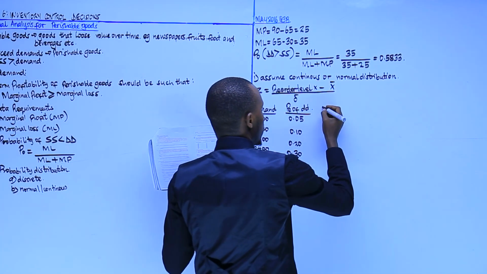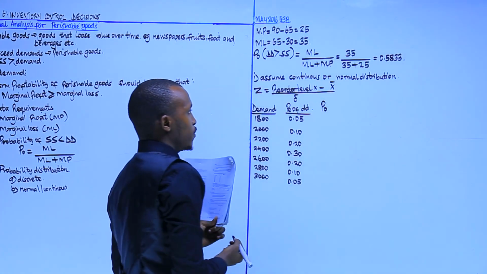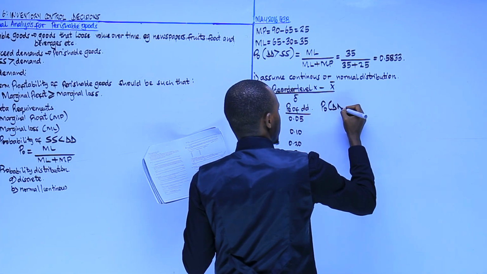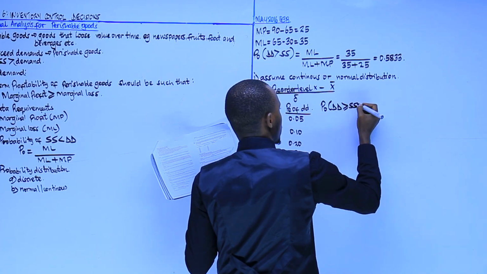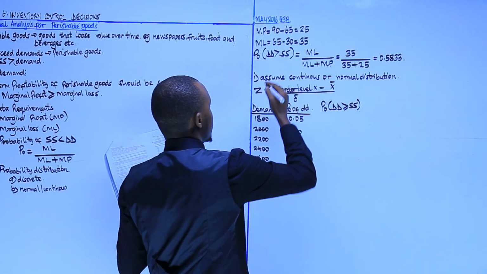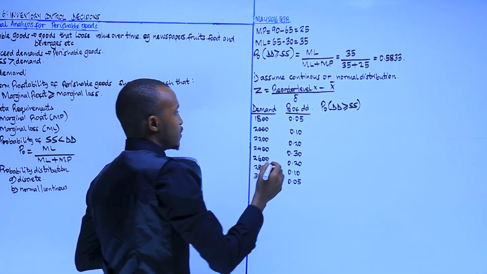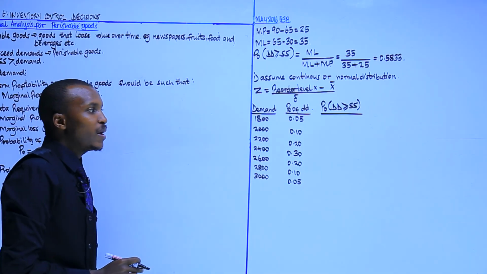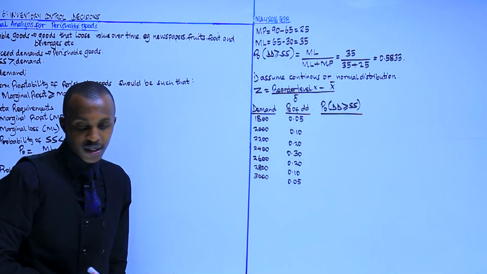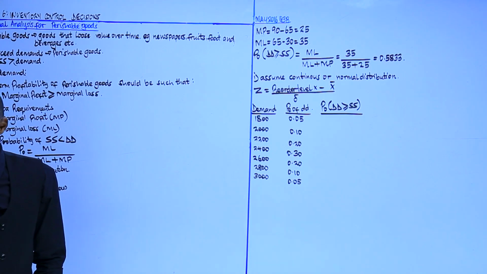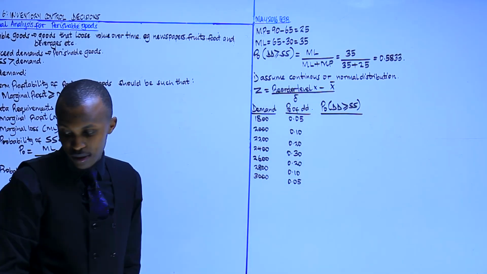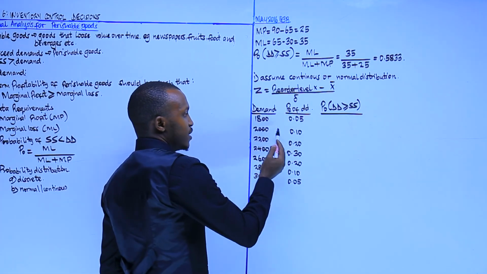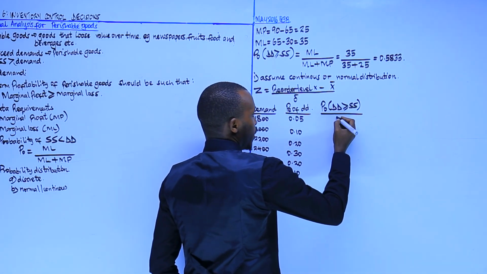Then we want the probability that demand will be greater than or equal to supply. If your demand is 1800, this will be 1.